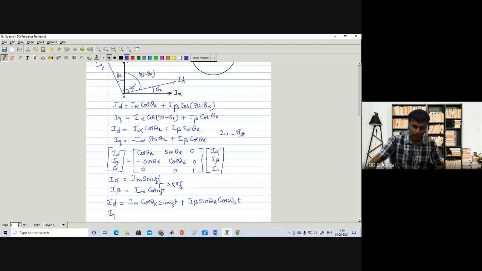Similarly, IQ can be written as minus Im into sin theta x into sin omega s into t, plus I beta into cos theta x, the value of I beta being Im, as we have written here.